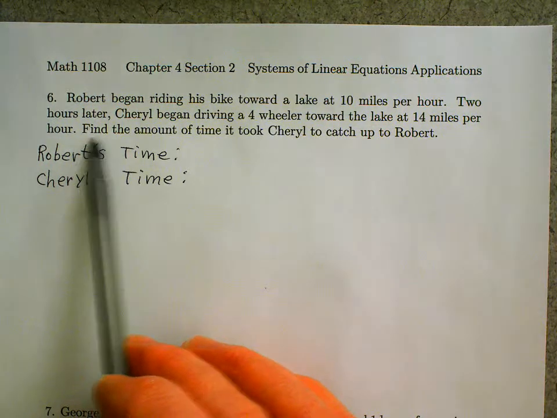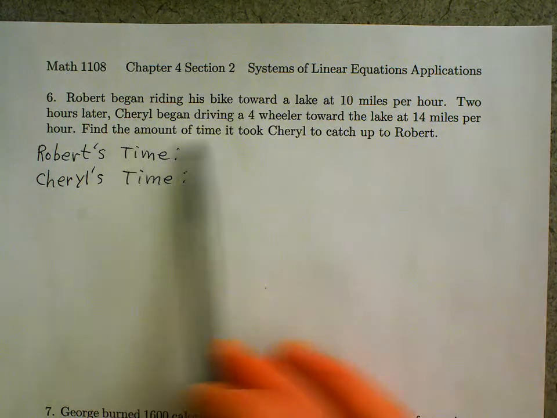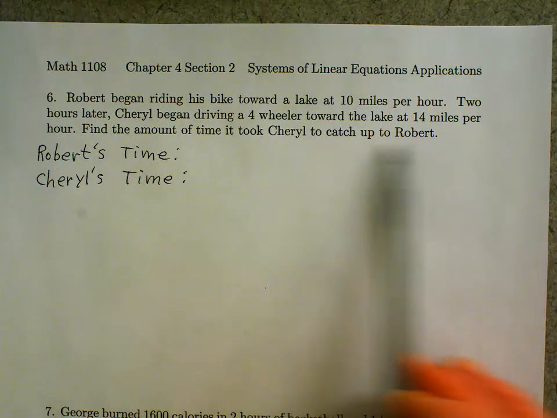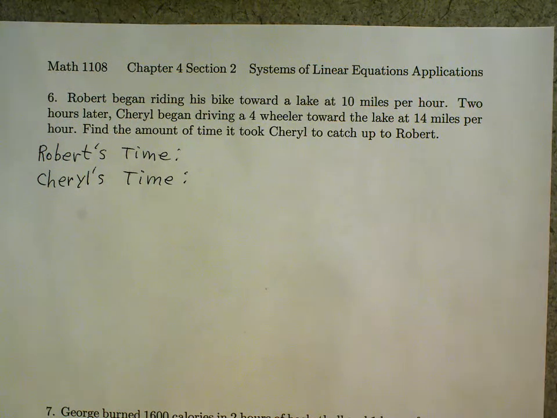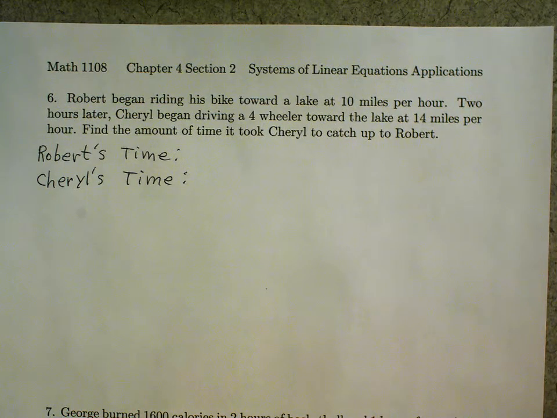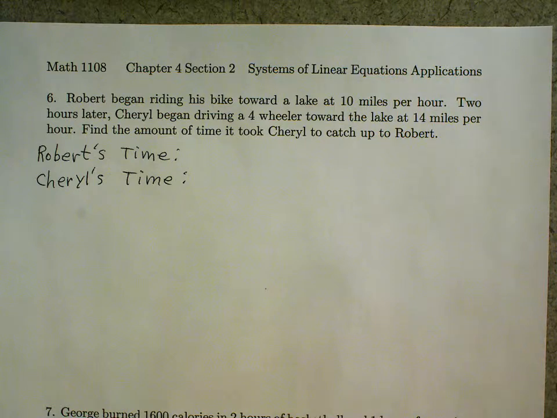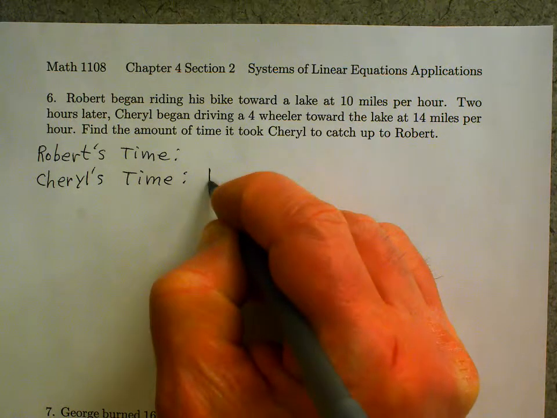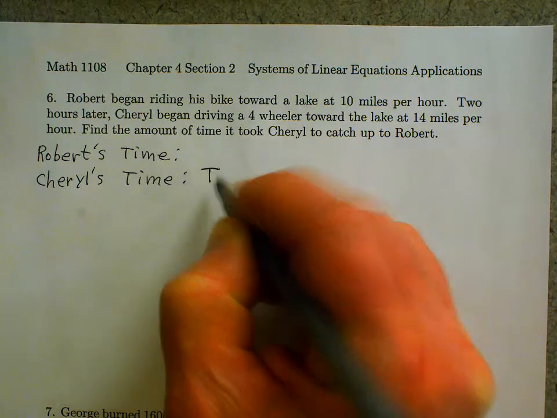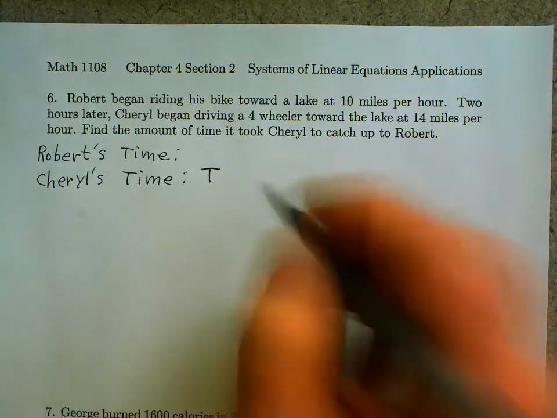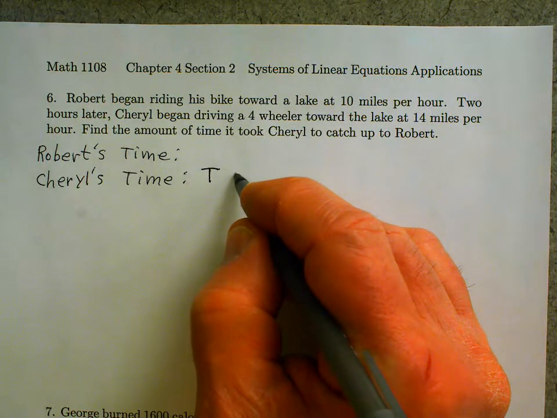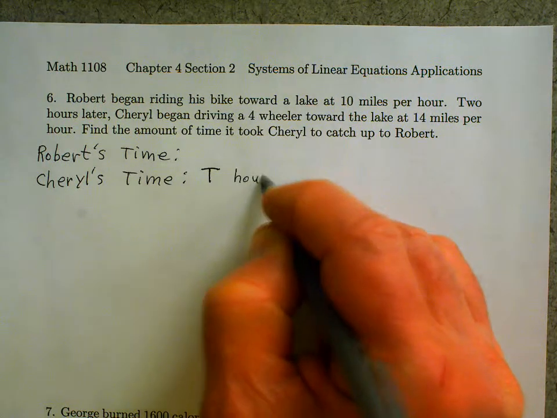We've identified what we're supposed to find, the amount of time it took Cheryl to catch up to Robert. So we assign a variable to the quantity that we're supposed to find. You could use any letter you want. I'm going to pick capital T to represent the amount of time it took Cheryl to catch up to Robert, measured in hours, so T hours.